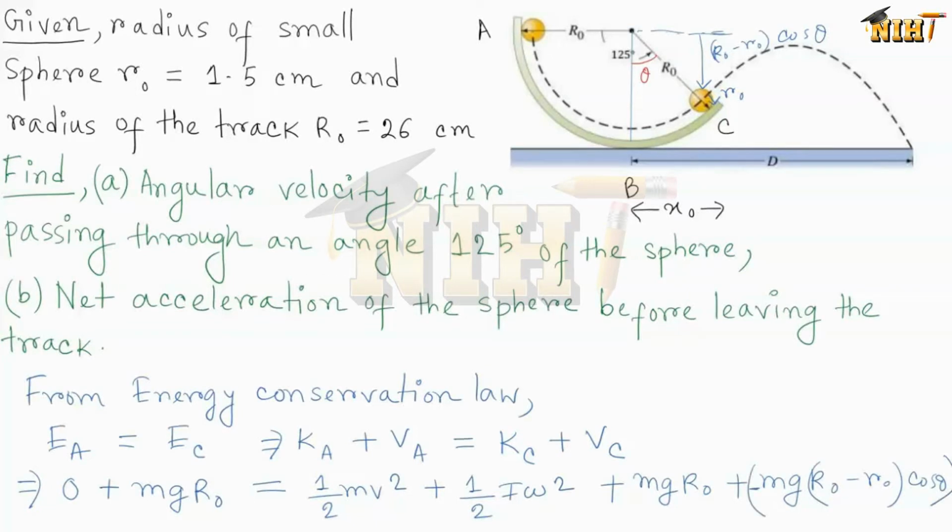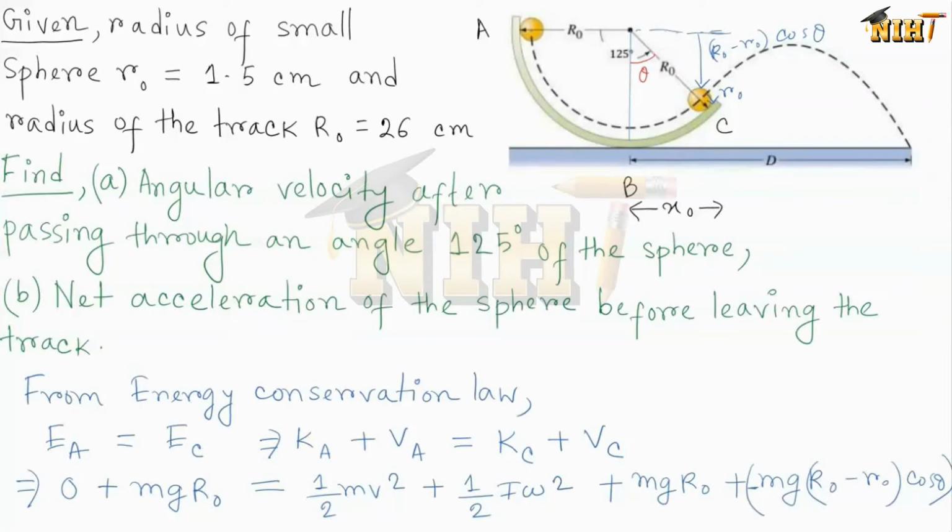Now from this line we get mg (r0 minus r0 cos theta) equals to half mv square plus half I omega square.